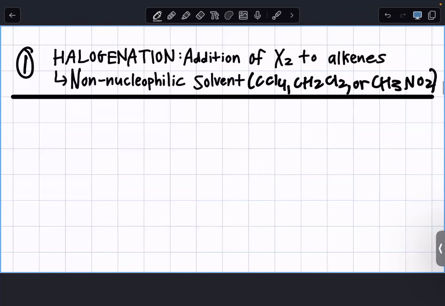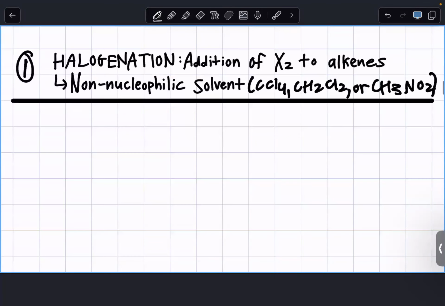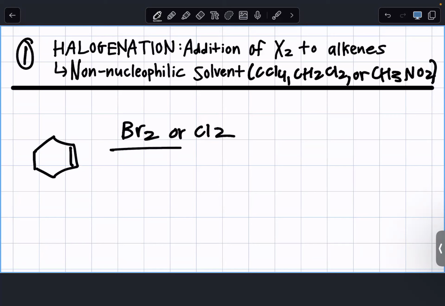So the way I'm going to do these is that I'm going to show you the general reaction of what happens, and then show you the properties of these reactions and then the mechanism afterwards. So let's say we have an alkene like that, and we put that through Br2 or Cl2 under one of these non-nucleophilic solvents, CCl4, CH2Cl2, or CH3NO2.